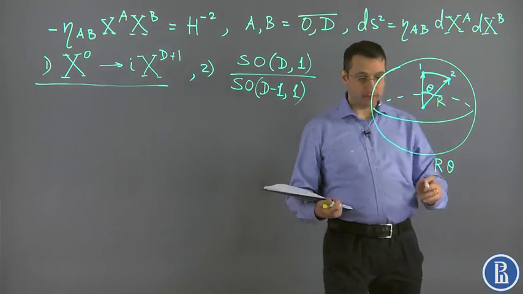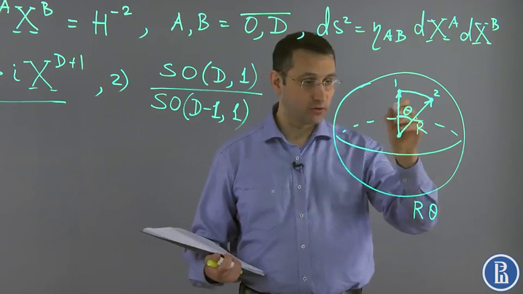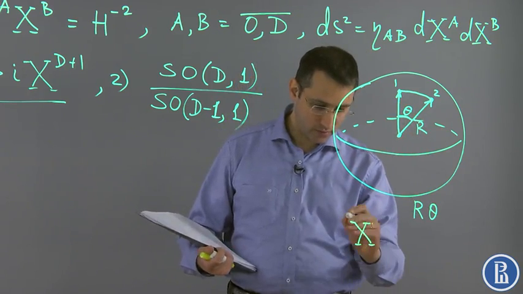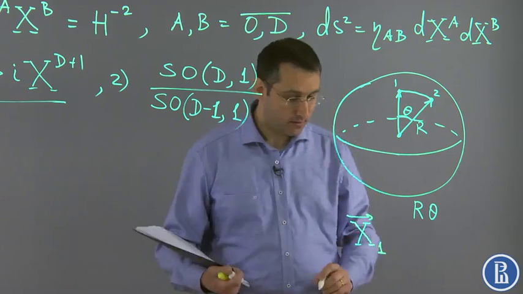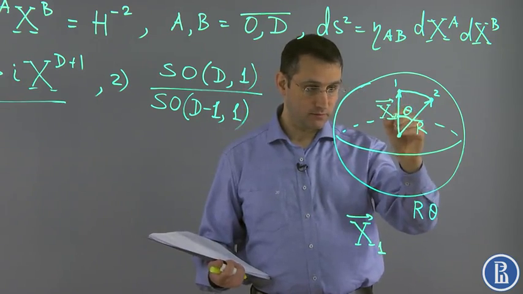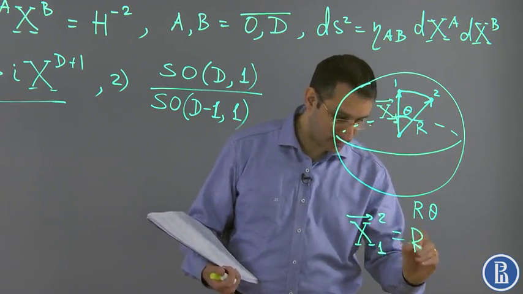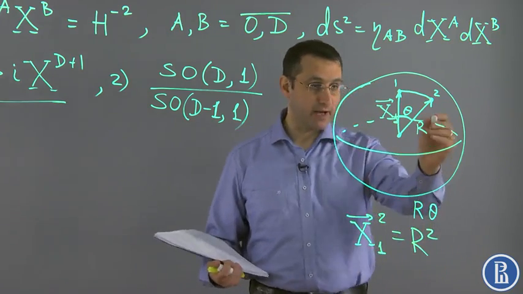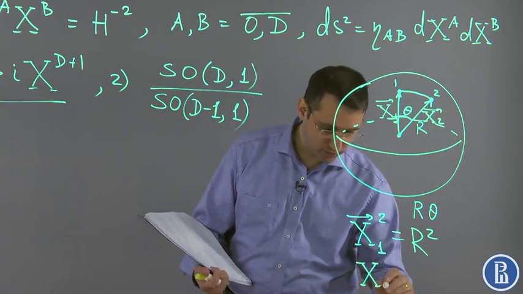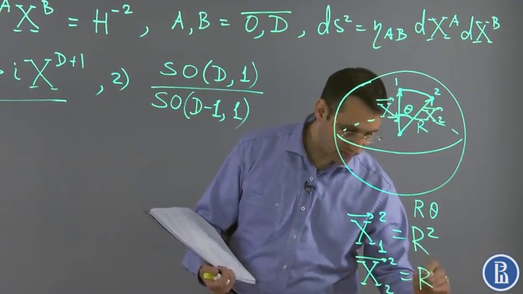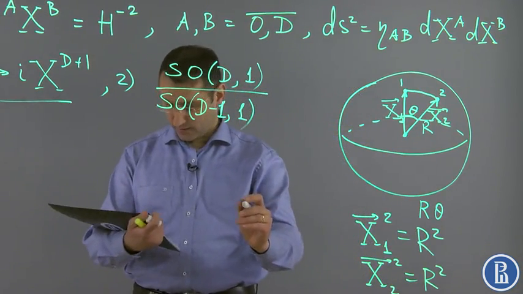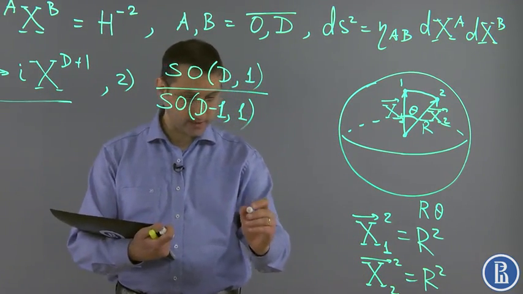But how do we define this distance? We take two points, so we have two vectors. x1 is a vector defining this point. Because it's lying on the sphere, it obeys this. We have x2, the second vector, which is also lying on the sphere. And we just take the scalar product of x1 and x2.